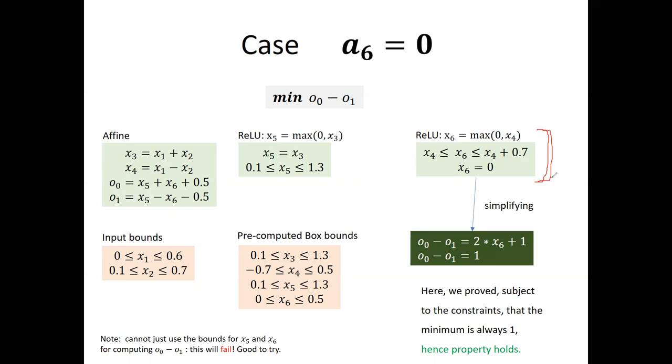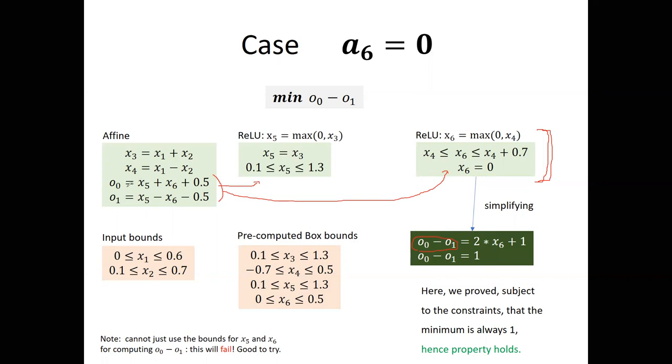And then one thing you can do is, now we are interested in minimizing O0 minus O1. So we want to compute what this expression is. We have some expression here for O0 and O1, and we want to use these constraints over here for x5 and x6 in order to compute O0 minus O1.